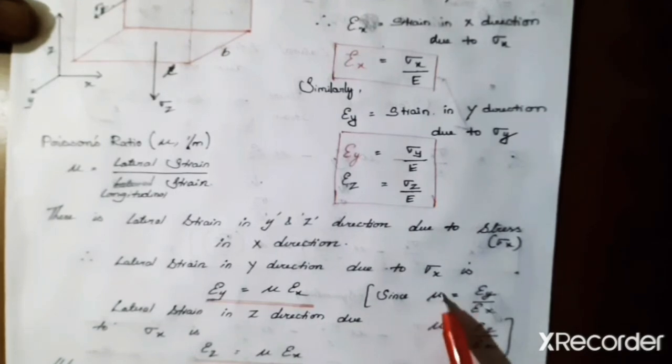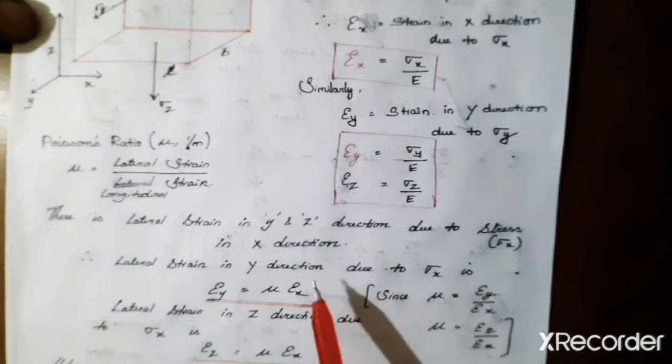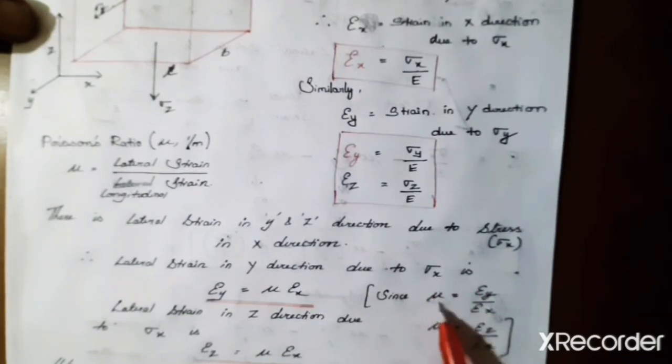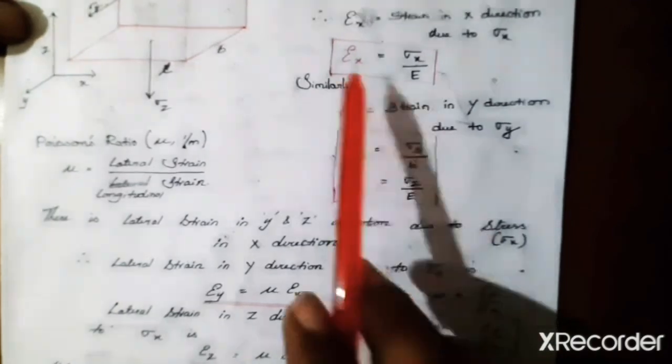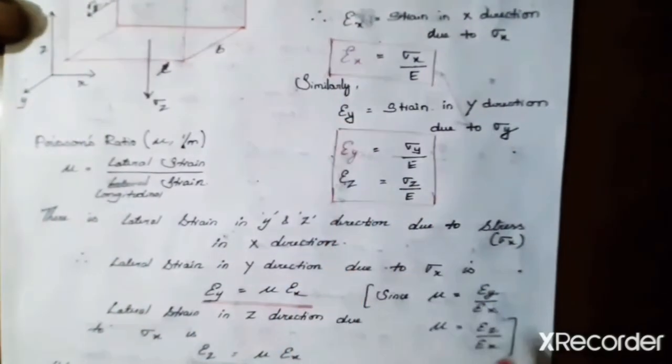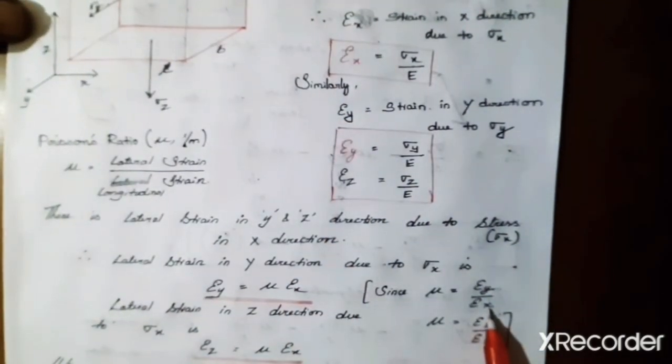So now, if I consider the lateral strain in y direction because of sigma x, it is epsilon y divided by longitudinal strain in x direction, isn't it?